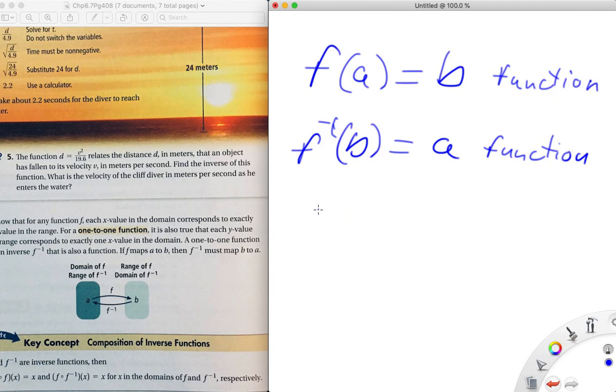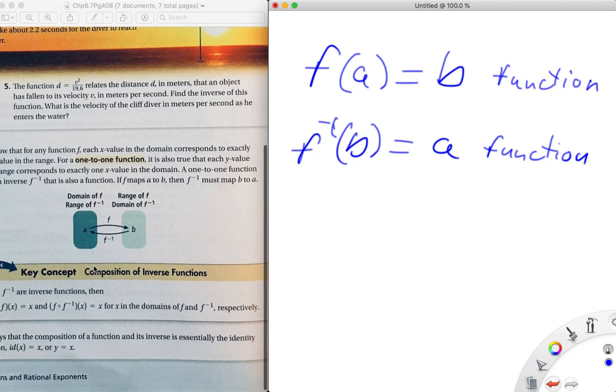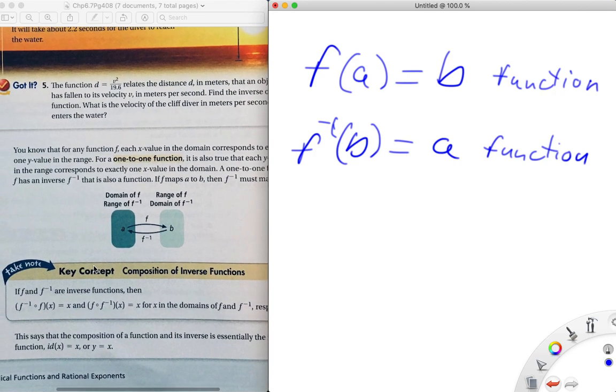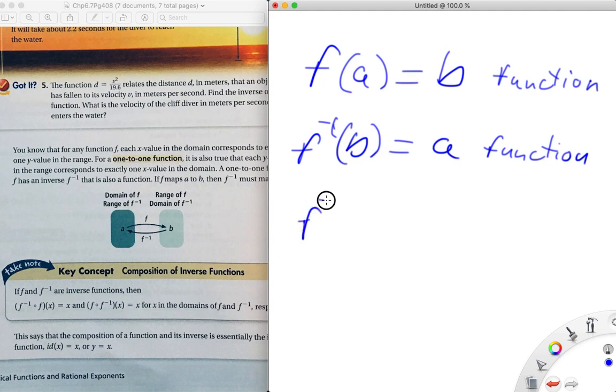And when we know that they're a one-to-one function, we can do something with its composite. And what the composite says is that if I take the composite of the inverse first, and then do the composite of the actual function, then my answer is going to be x.